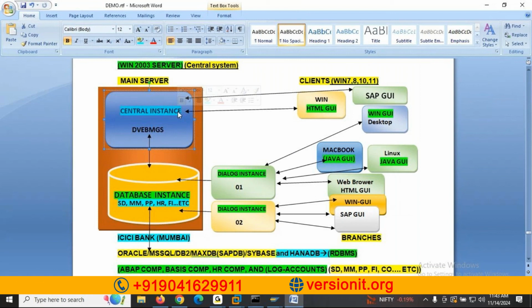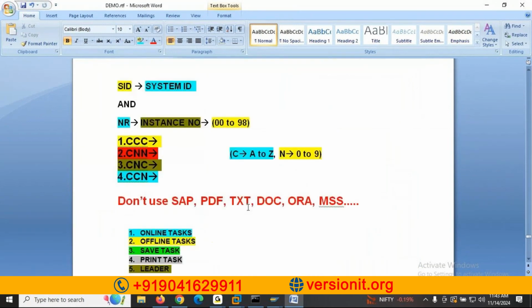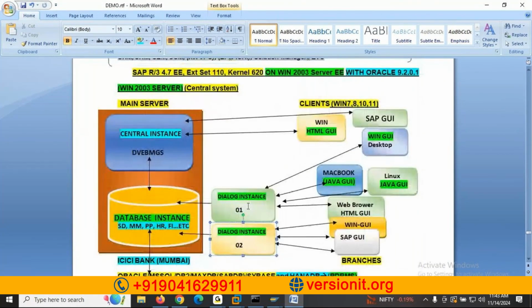So that's the reason tomorrow's class is a core class wherein you're going to understand the architecture of SAP central instance. Later we can understand the architecture of dialog instances as well. What should be your next class? Central instance architecture. And after understanding the architecture of central instance in detail, we are going to plan to install the system.